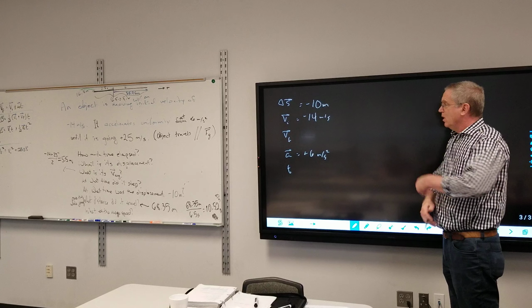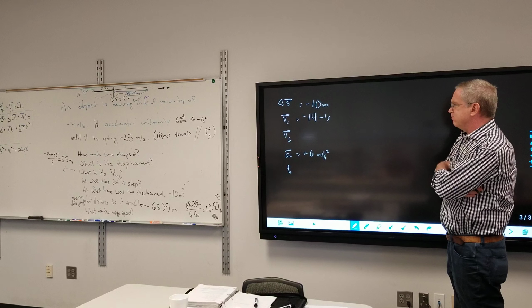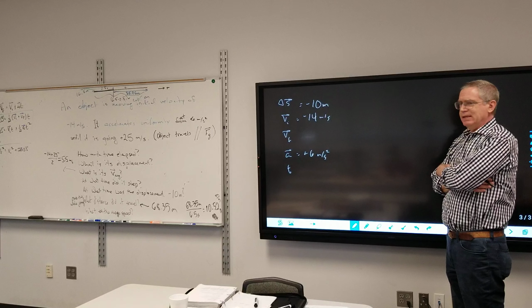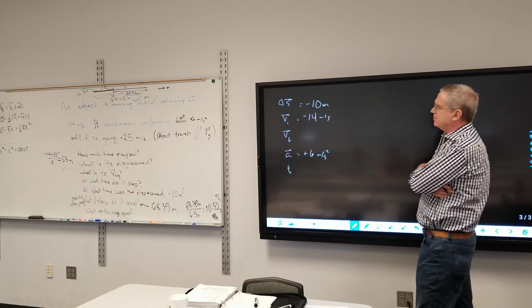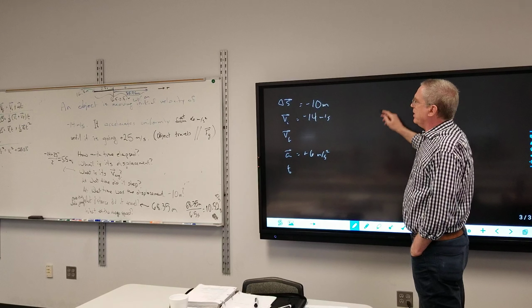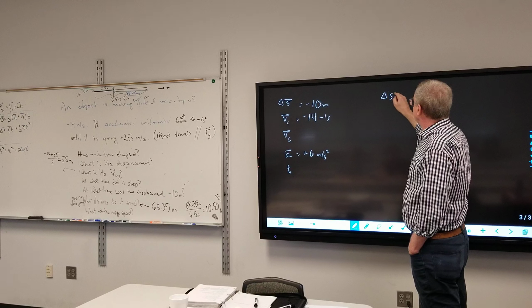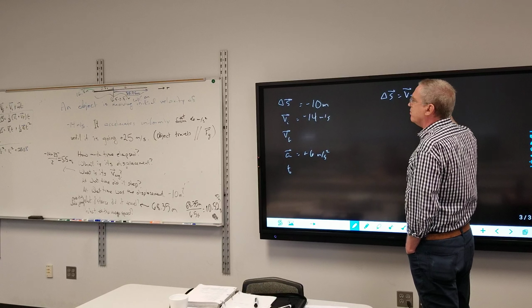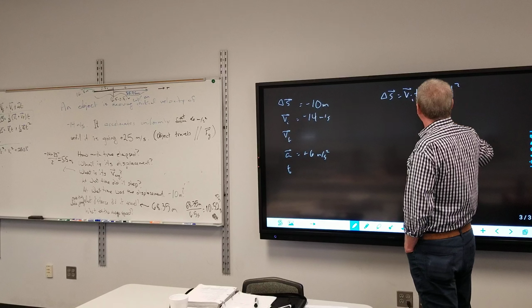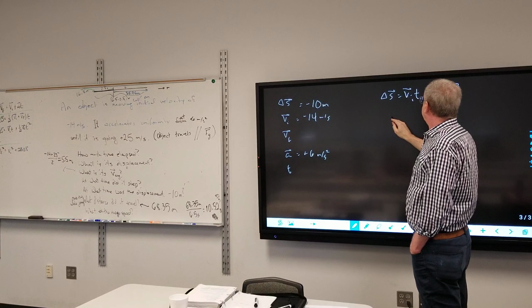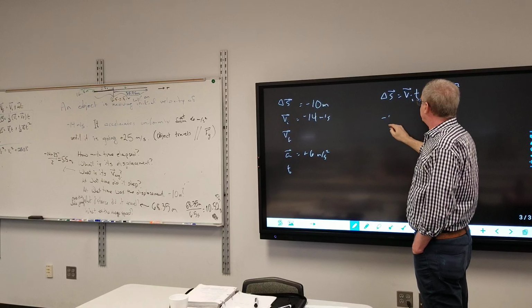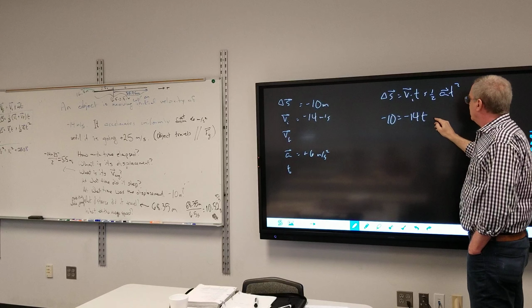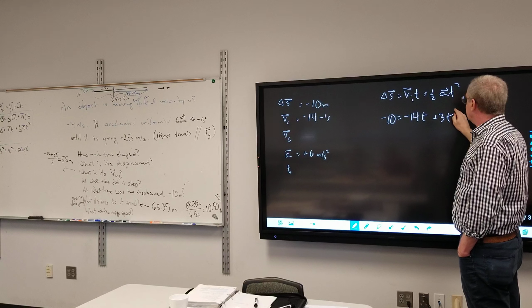Okay, so I want to find out time. Which equation should I use? Third one. All right. So plugging into that third one, I have displacement is equal to v_i t plus 1/2 a t squared. And I end up with negative 10 is equal to negative 14t plus 3t squared.